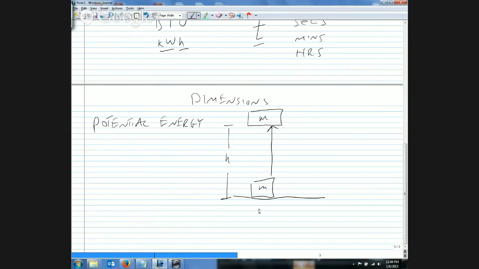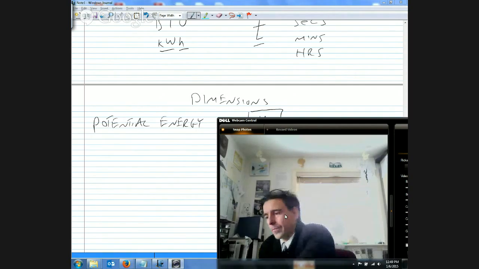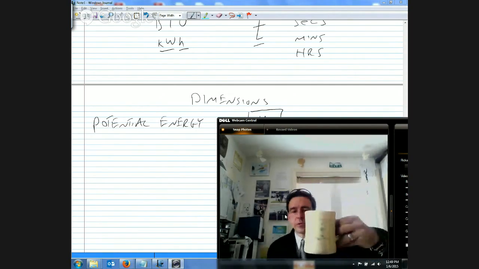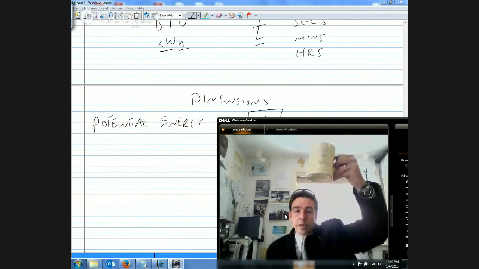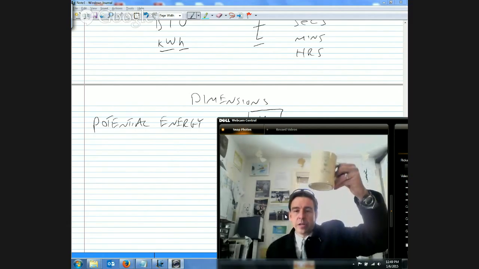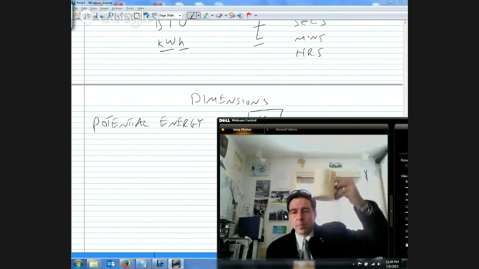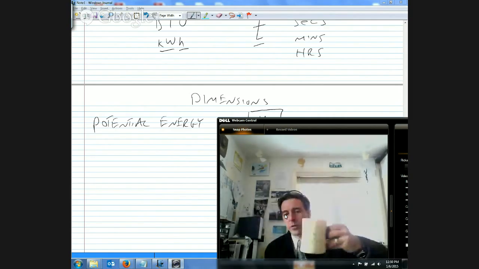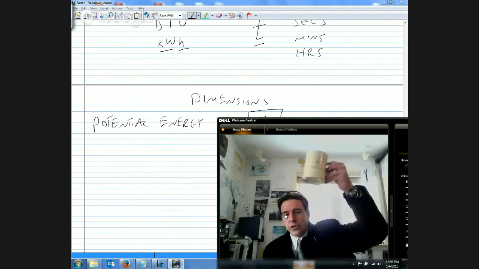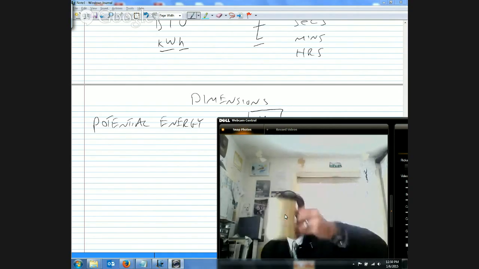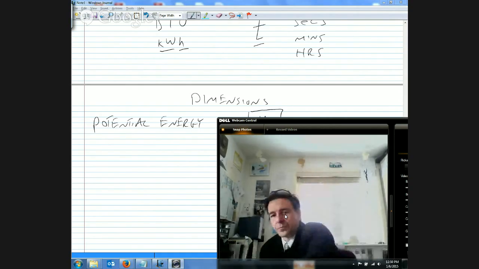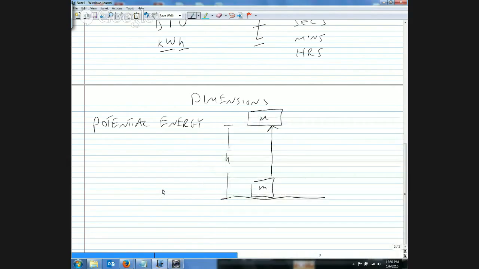So you've taken the chunk of mass, and here's just a standard coffee cup. And to get it to a higher position, I had to put some energy into it. I've got muscles in my arm moving this cup up. So now the cup has more energy than it previously had, and I moved it through some distance h. Fairly simple, fairly straightforward.